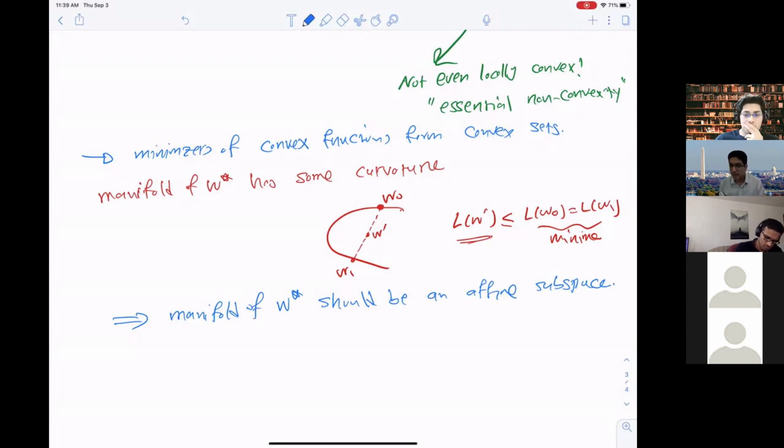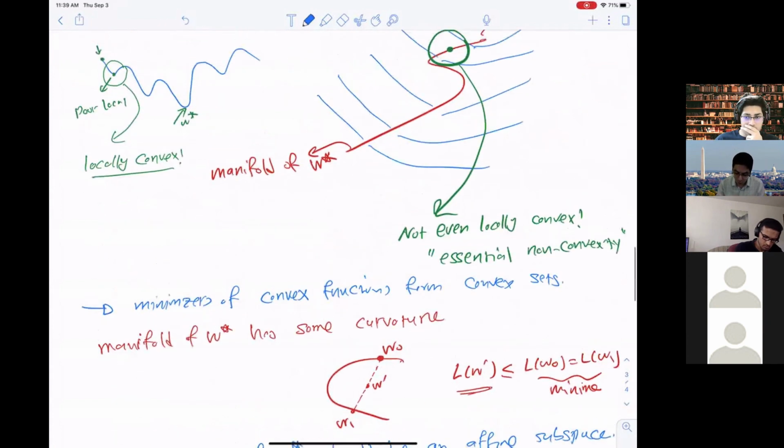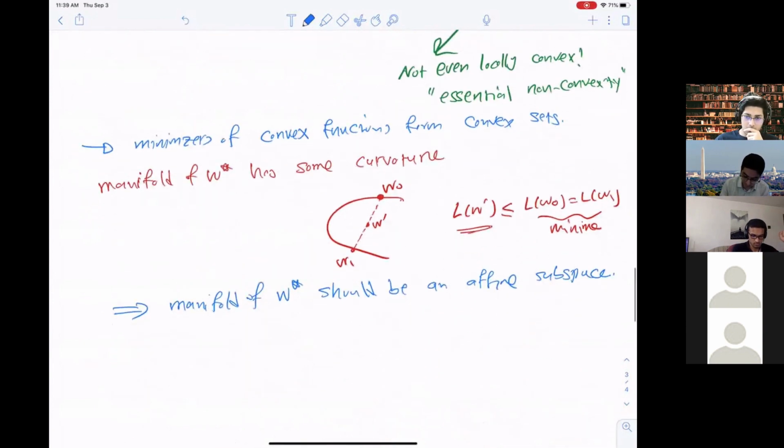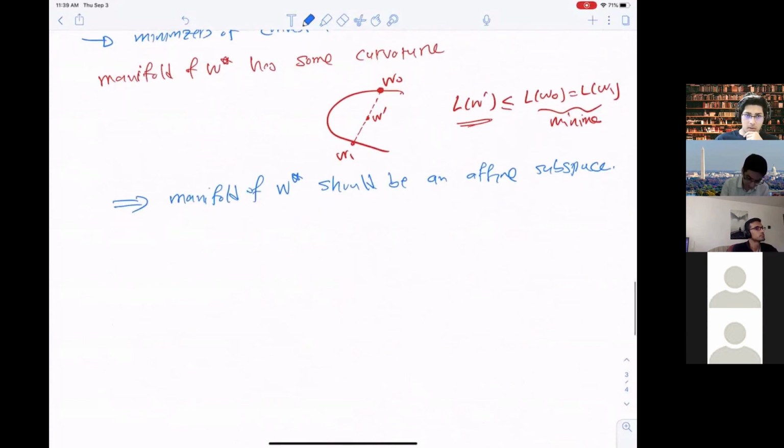So because of that, we will not be even locally convex around any of these points. In other words, if I look at the Hessian, some of the directions will have positive eigenvalues, and some of the directions will have negative eigenvalues. So we cannot use convexity, local convexity, in our analysis.